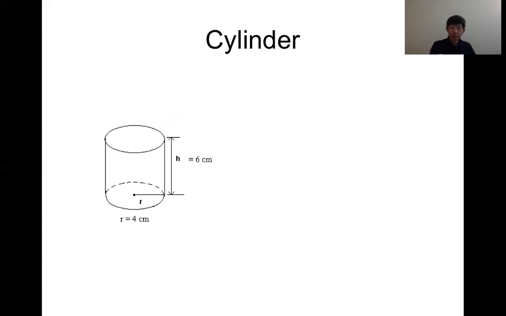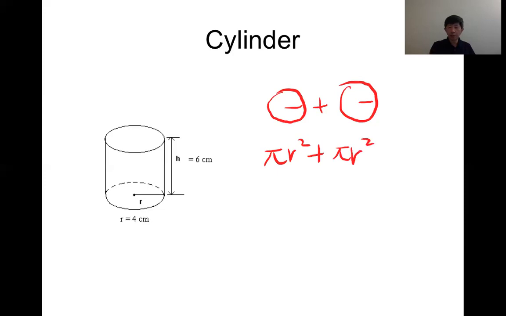Remember that the area of a circle is what? It is pi r square. So plus another pi r square, right? This is r, radius. And then what about this? If we cut and open it up, this will still be the height, right?